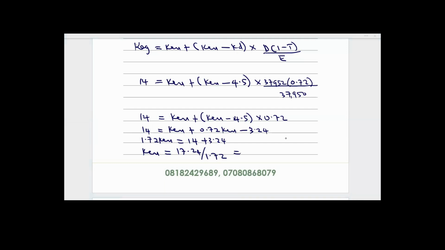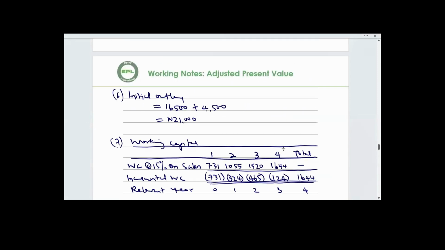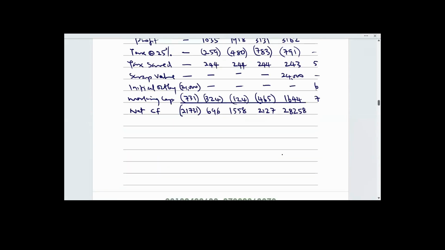That's approximately 10%. So our cost of equity here is 10%. So that's it. I would then come here, 10%. I can also use beta to get the same answer, but I don't want to go through that route now.